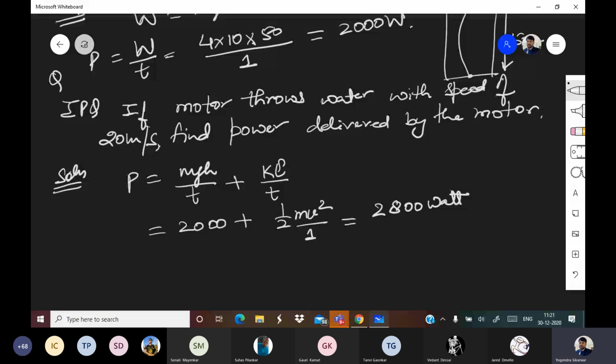Here, there are two tasks. One is lifting up, another is to give that kinetic energy. And for each one, the pump or motor is doing some effort. So based on that, its power is decided. Good.